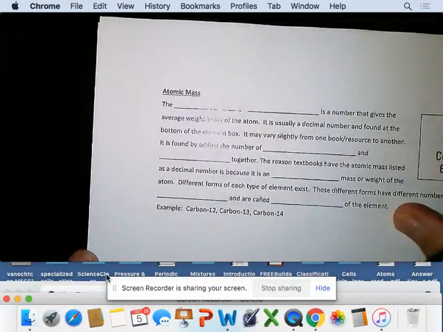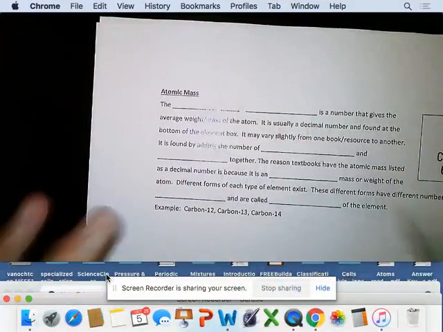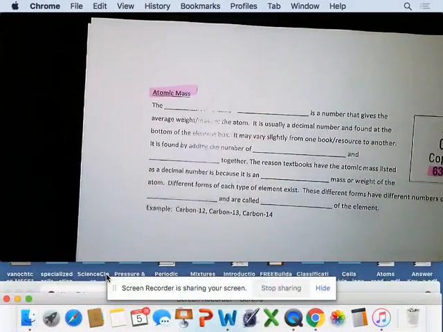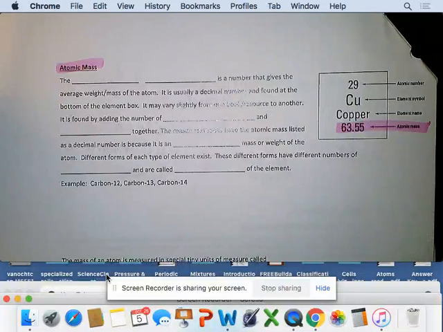So now we're going to look at atomic mass. Atomic mass is this bottom number, and this is going to tell you the weight of the atom. It's basically the number of protons plus the number of neutrons. But remember, it's a decimal because it's an average weight of the atom, given that there can be different forms of the same element with different numbers of neutrons.